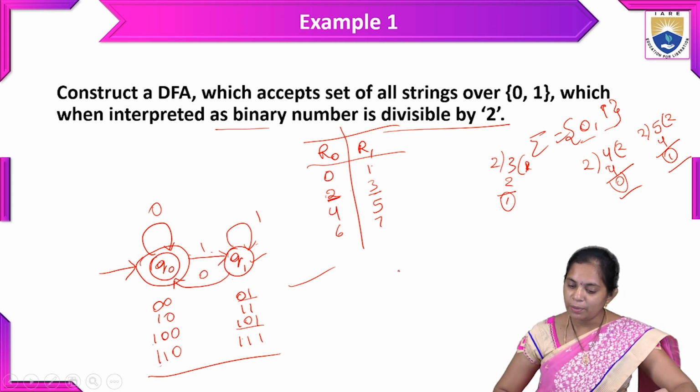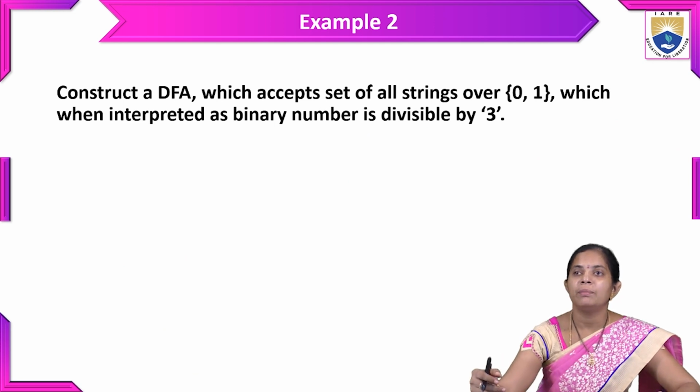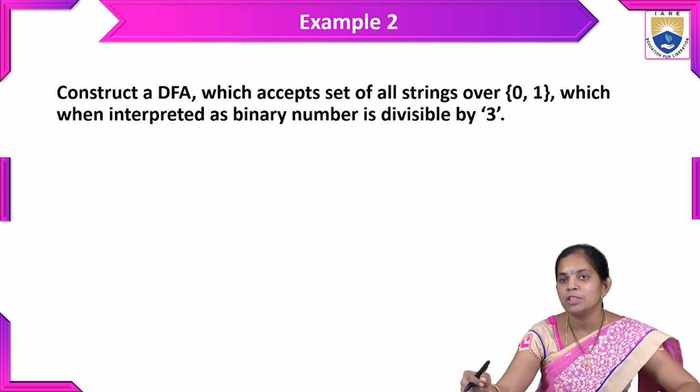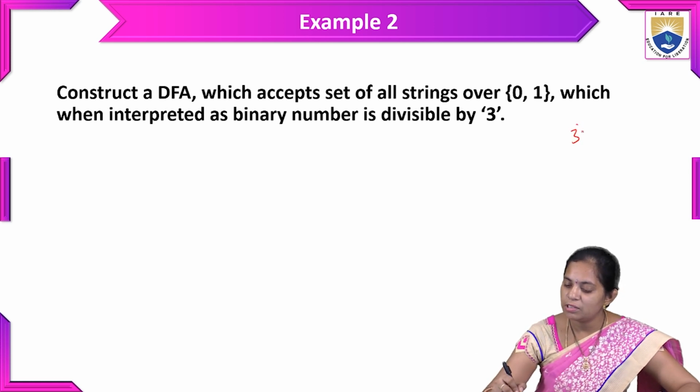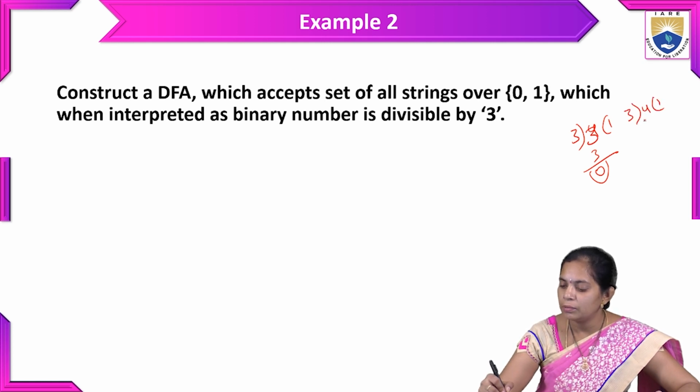And one more example. We will take a binary number which is divisible by 3. Here, same: from 4 onwards I will take. So 3 ones are 3, so we get 0 remainder. If we take 4, 3 ones are 3, and we get 1 remainder.